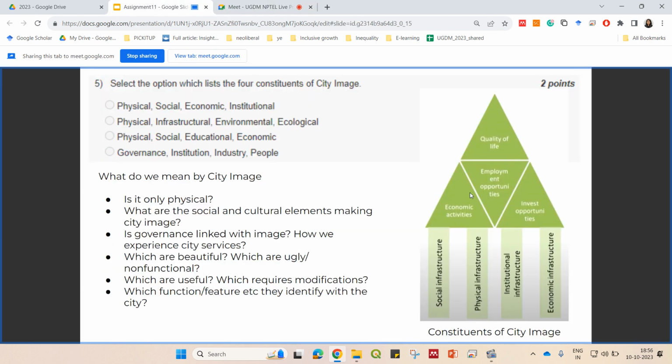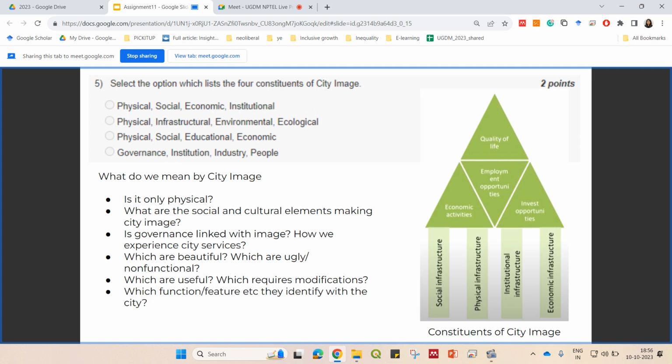So this is the fifth question, which is: select the option which lists the four constituents of city image. This question is very similar to the earlier questions in which we studied the components which constitute a smart city.